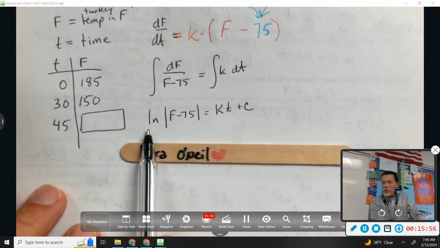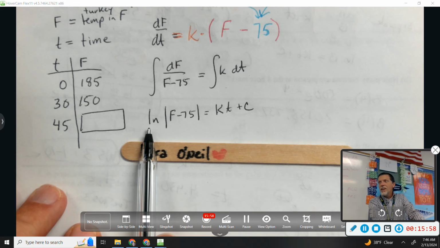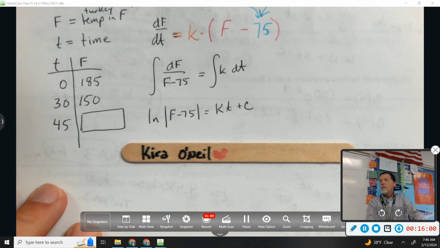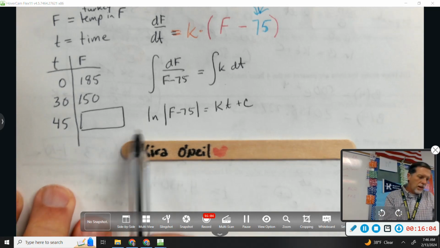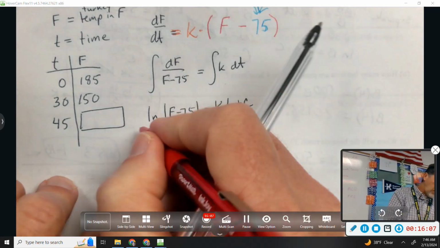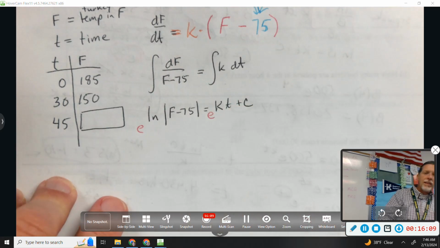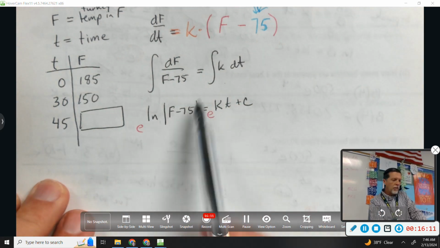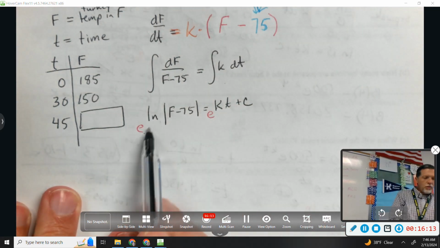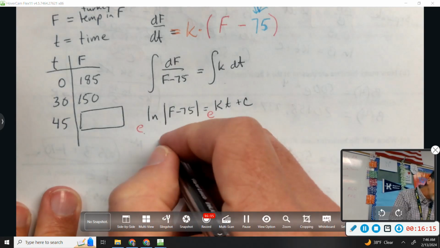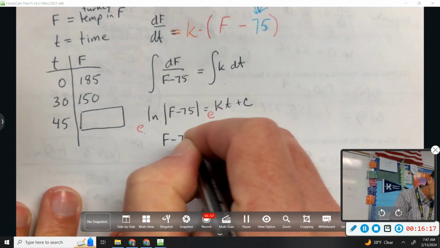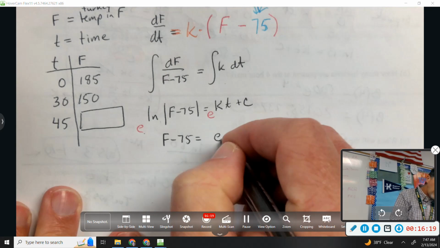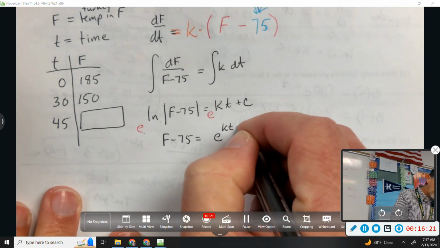I want to undo that natural log. So I want to E both sides, or fish hook it. You could phrase that either way. She was saying E both sides, so I'll write it like that. But that's the same thing if you do the fish hook. And the reason you do the E to both sides is because E and natural log cancel each other out. And then on the other side, E to the KT plus C.